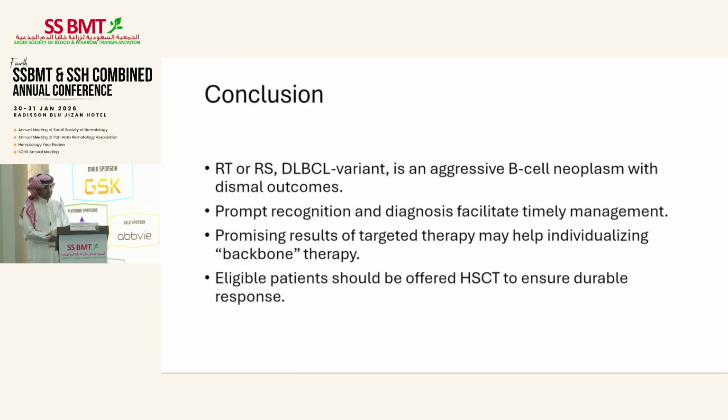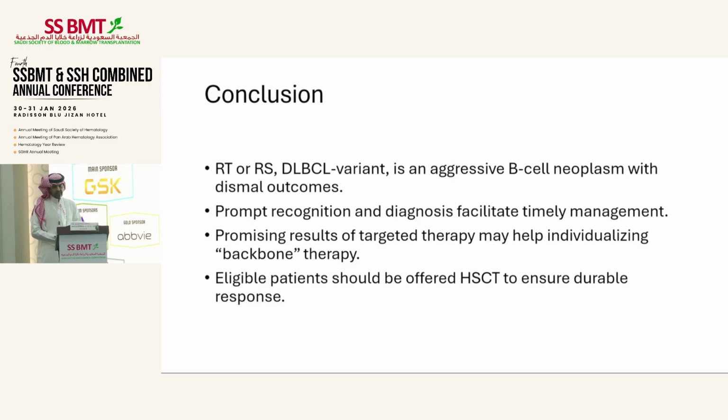So in conclusion, Richter transformation or Richter syndrome, whichever you like to call it, especially the DLBCL variant, is an aggressive neoplasm. It continues to show dismal outcomes with studies. We're seeing now the inclusion of targeted therapy in treating this condition. There is an ongoing RCT including acalabrutinib.